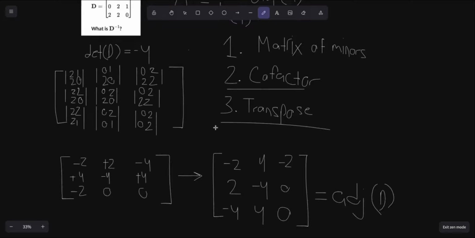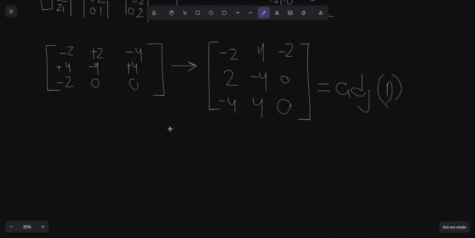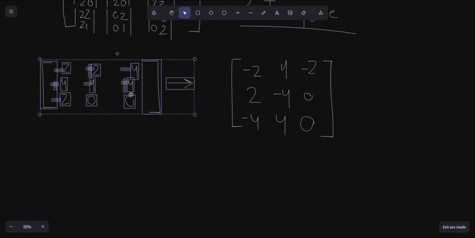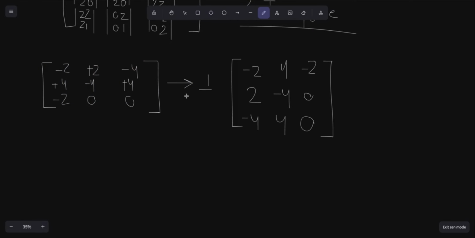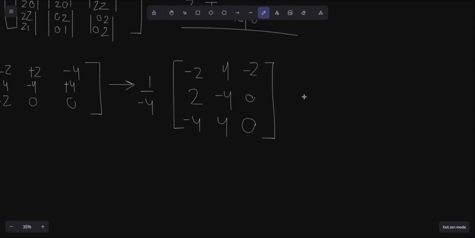And so if we put everything together, we have 1 over the determinant, so that's going to be 1 over 4. So let's actually compute the inverse matrix now. So this is going to be 1 over -4, multiplied by this entire matrix, right? So we're just going to multiply everything in this matrix by 1 over -4.